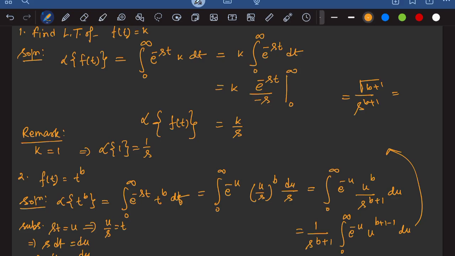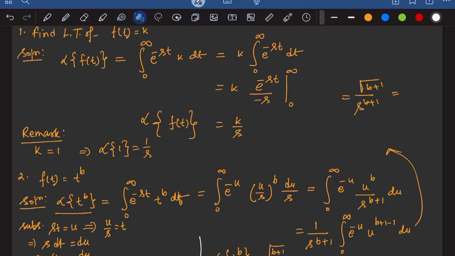This is nothing but the Laplace transform of t power b. So from here we got that the Laplace transform of t power b is gamma b plus 1 by s power b plus 1. This is another important result we have.